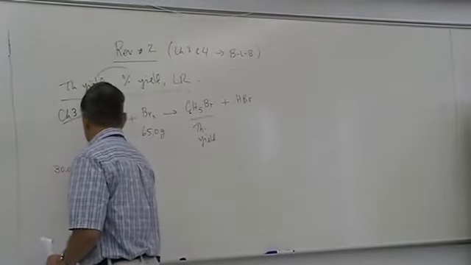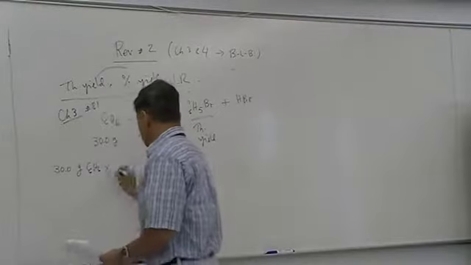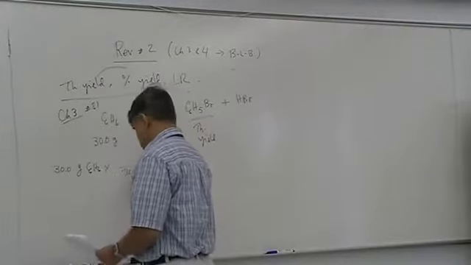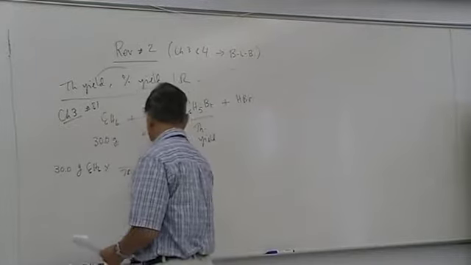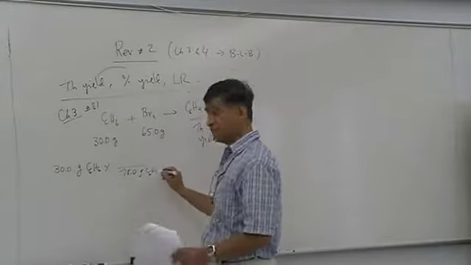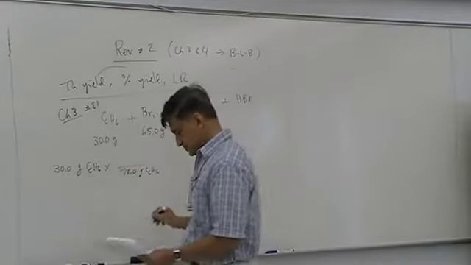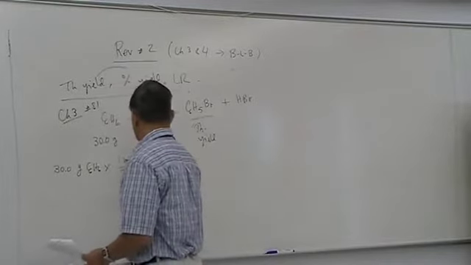30.0 gram C6H6. First you calculate mole. So 78.0 gram C6H6. 6 carbon plus 6 hydrogen masses you get from the periodic table. Gram per mole from the periodic table gives you 1 mole C6H6.